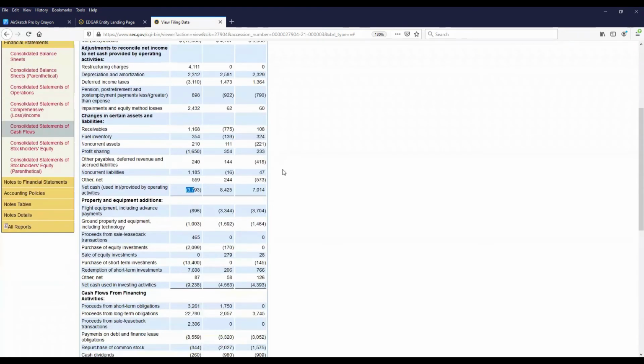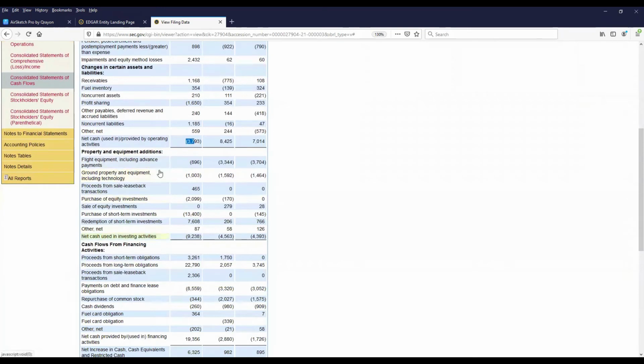Okay. What else? In CFI, cash flow in investing activities, we can see a lot of activities such as flight equipment. They have purchased some airplane-related equipment of $896 million. This is negative, right? So they paid out. Ground properties, similar. Right? Proceeds from sales leaseback transactions.